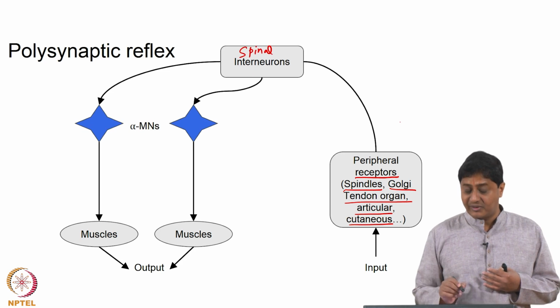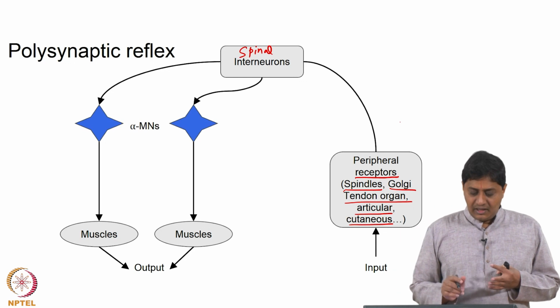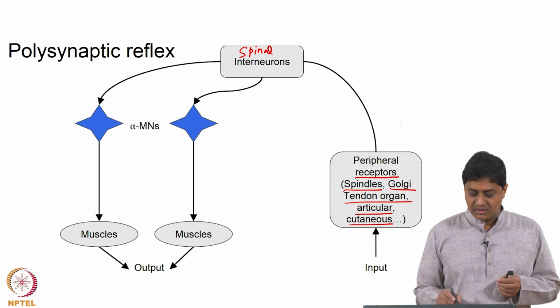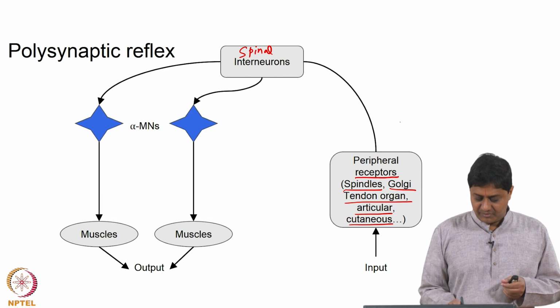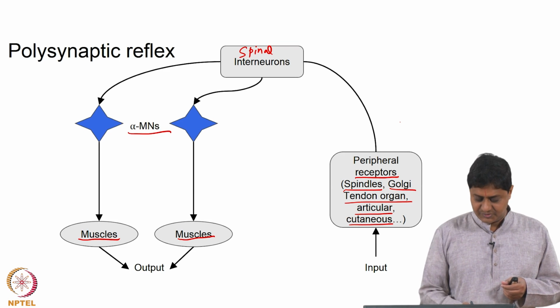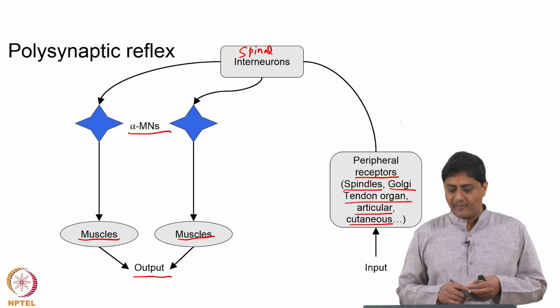I am just calling them spinal interneurons, and depending on the situation it could excite different muscles or alpha motor neurons of different muscles, producing an output.